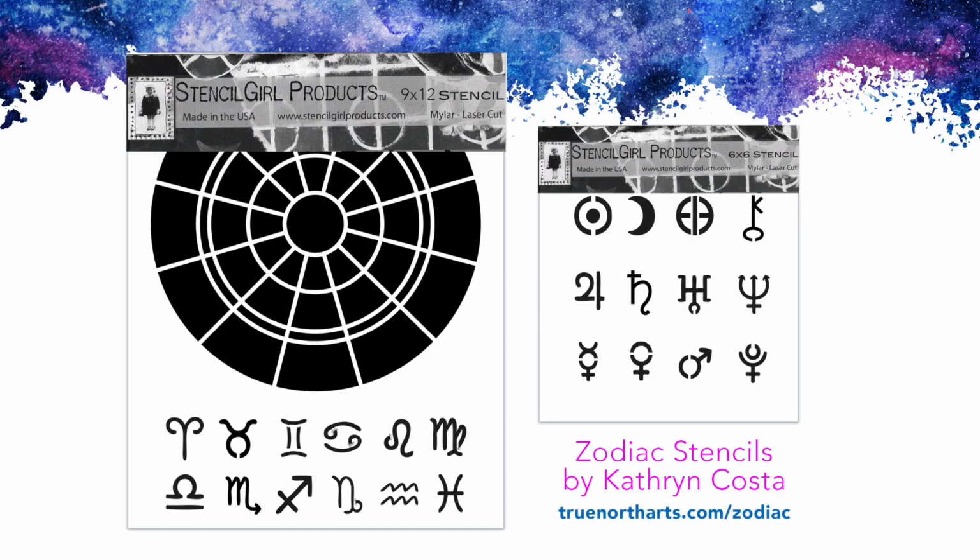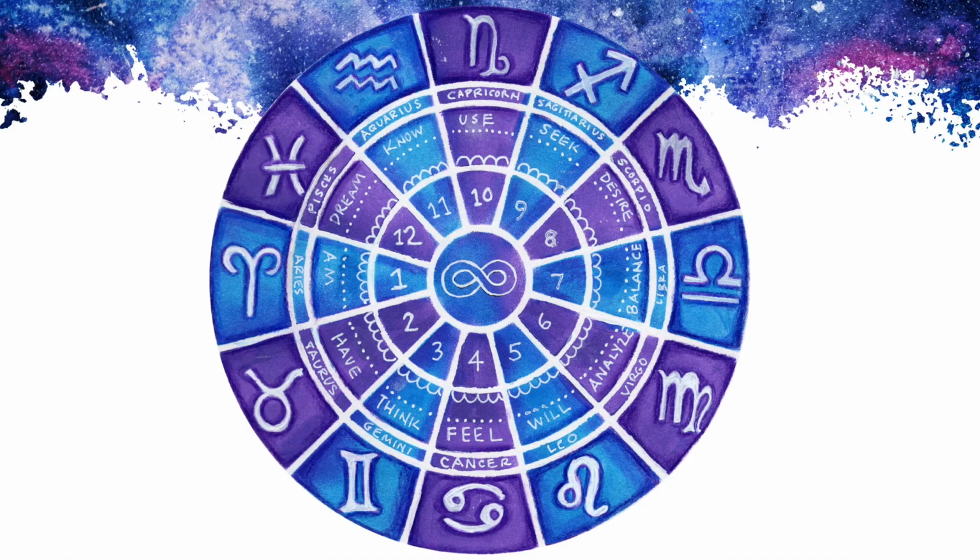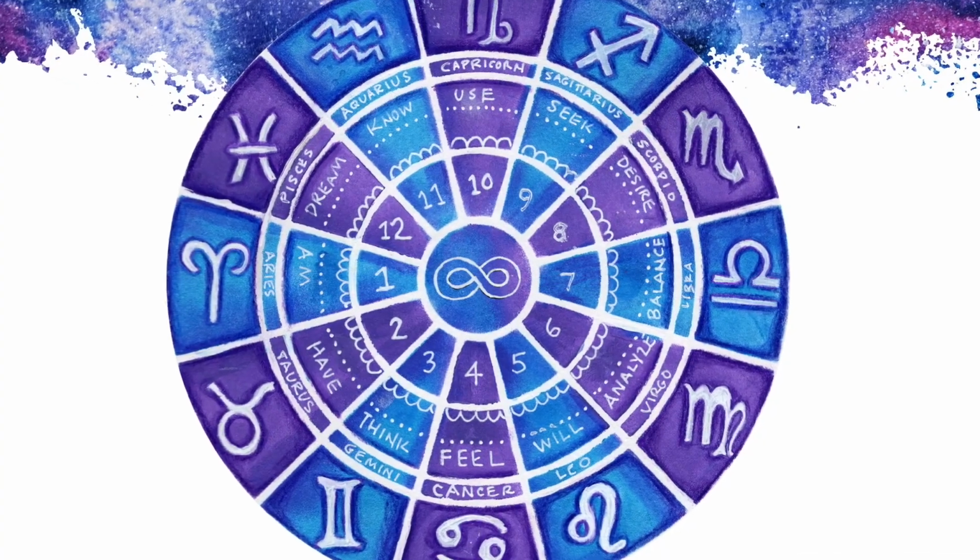So to help you to create an art journal where you're taking notes and learning about the basics of astrology, I designed these Zodiac stencils that you can buy directly from Stencil Girl products. These stencils make it so easy to create a Zodiac chart. And we use that chart as a way of exploring those 12 Zodiac signs. Each of those signs, we get to know them from one video to the next, various aspects and qualities and characteristics.